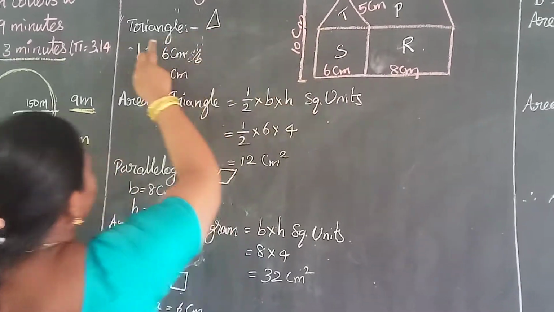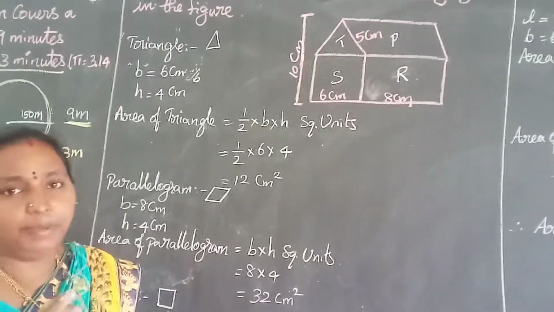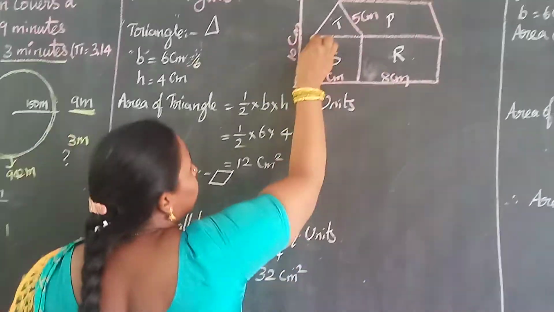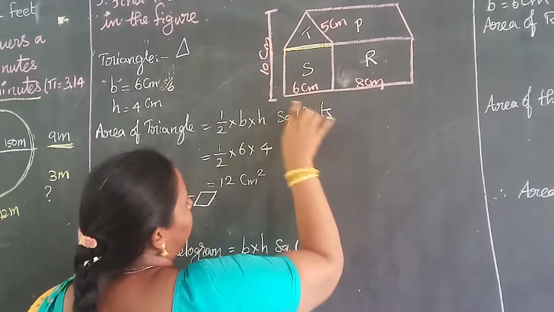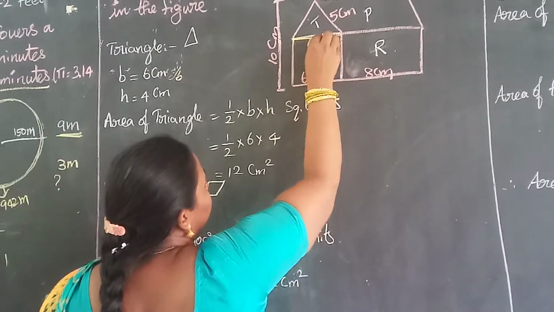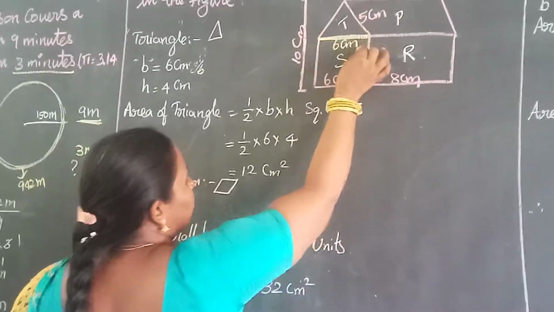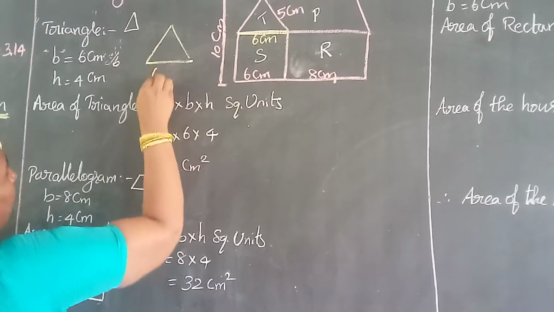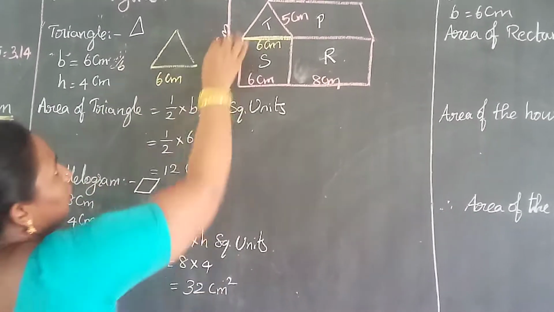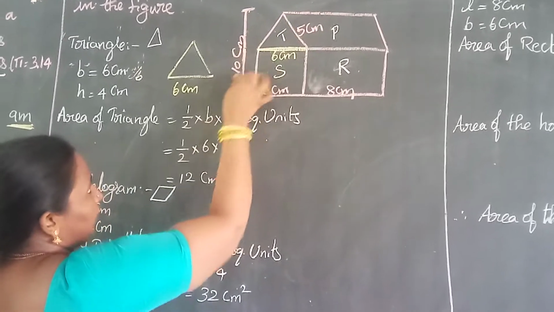Triangle we have now, so write the shape: triangle. For the area of a triangle we need base and height. So what is the base here? This base they given here is 6 cm. This is in the shape of a square, so this will also be 6 cm. So the triangle base is 6 cm. And then what will be the height? See, the whole height from this point to this one they given 10 cm.